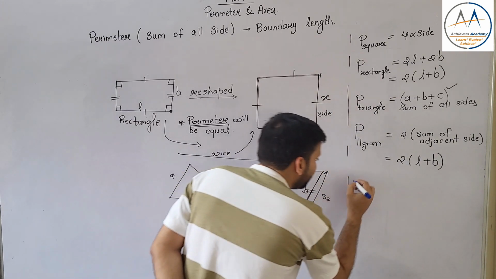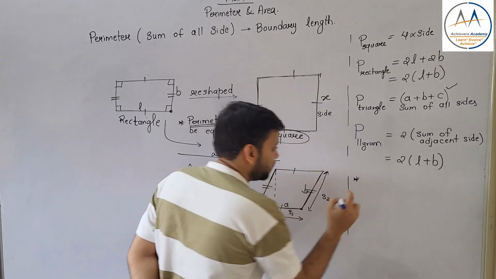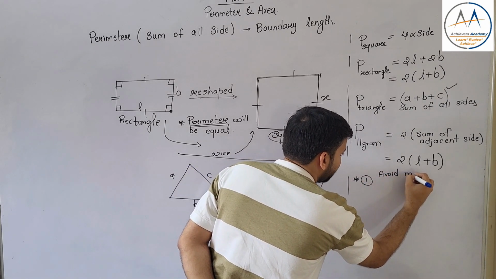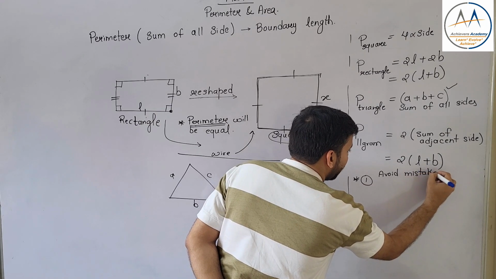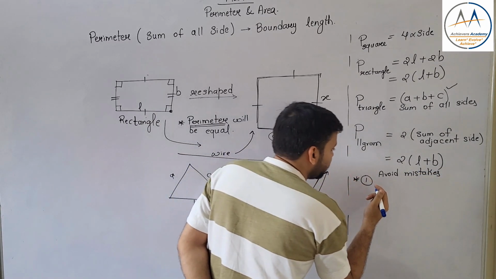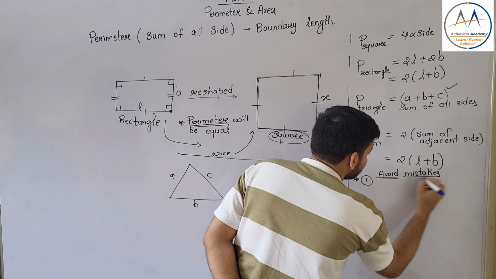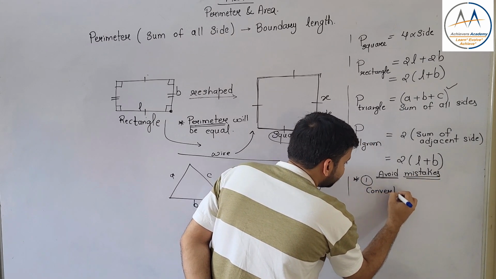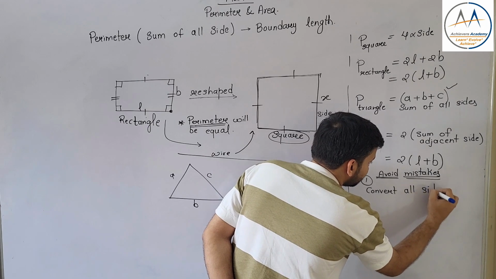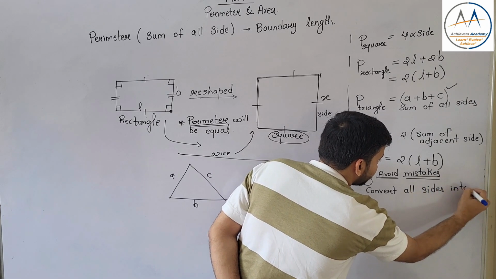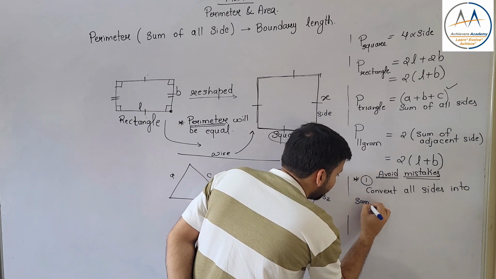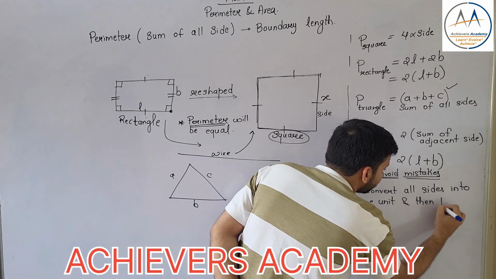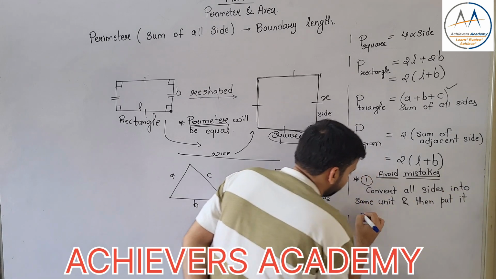So what is the point to be noted? Avoid mistakes. These are common mistakes, and we are trying to avoid them. What mistakes should we avoid? First, convert all sides into the same unit and then put them into the formula.